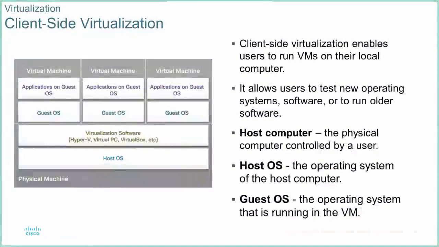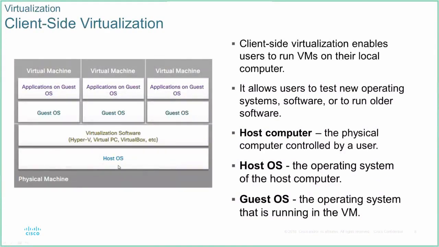So client-side virtualization allows us to do the same thing on a host computer, which is what we'll be doing. And we can run guest operating systems on top of our host machine. So we have the physical hardware down here.